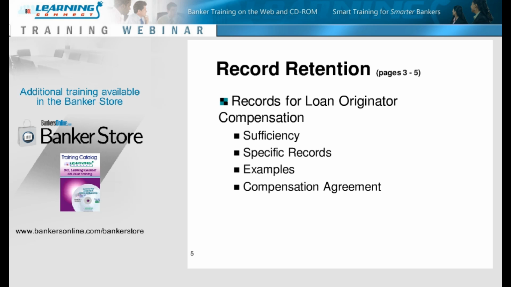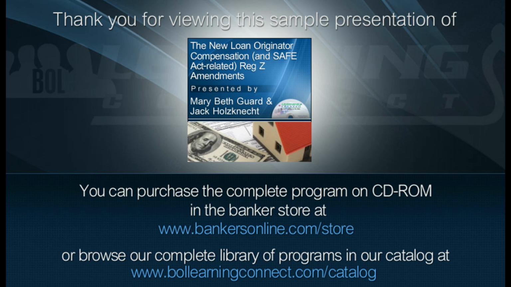And then if you have a situation where there is a possible RESPA tolerance violation and the compensation for the loan originator has been decreased in order to compensate for that, in a situation where it was an unforeseen increase in an actual settlement cost over what the estimate was, then you're going to have a record of the fact that the compensation was decreased, because your compensation plan is going to show that it would have been something different.